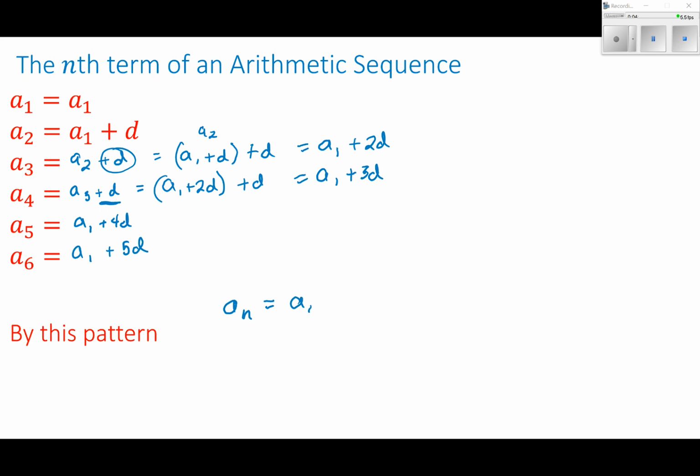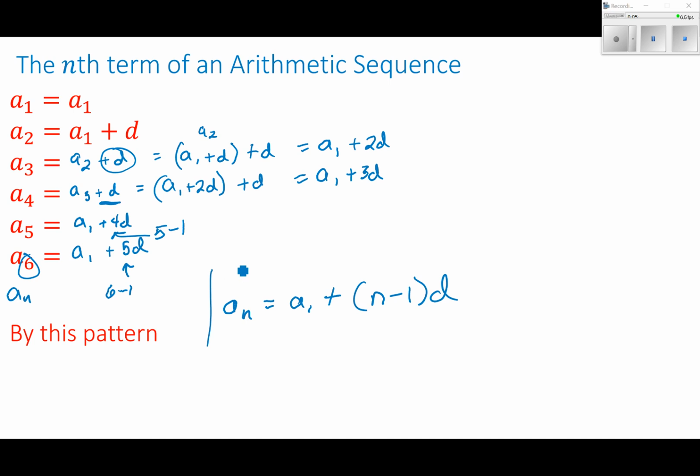So by this pattern, I can conclude that a sub n is going to be a sub 1 plus n minus 1 times d, because this 5 right here was simply my 6 minus 1. So that's where the 5 came from. The 4 on this one is 5 minus 1, because remember it was a sub n that we're working with.